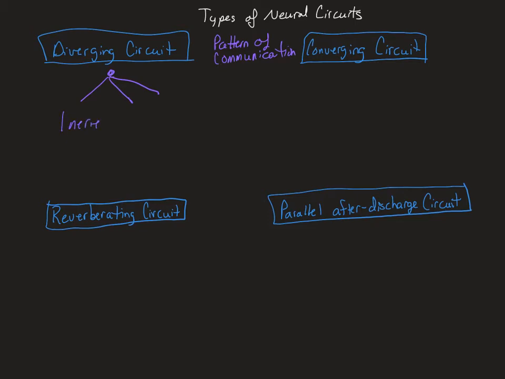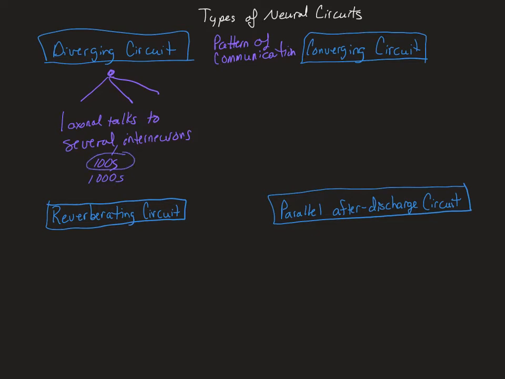So, one axon talks to several interneurons. It might be just a few. It could be hundreds. It could be thousands. It's more likely to be somewhere in that range though.